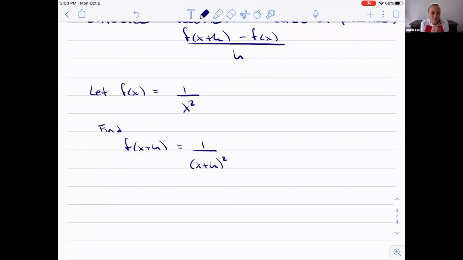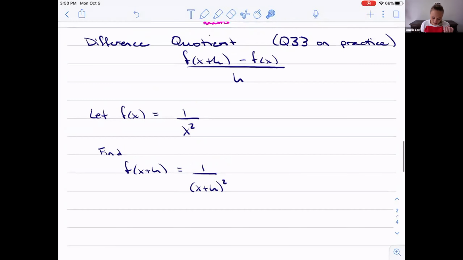Now I'm trying to figure out what my easiest approach might be, and it might just be to use this, and not expand it out quite yet, because I'm going to have a fraction minus a fraction here. So if I'm subtracting fractions, I need to have a common denominator.